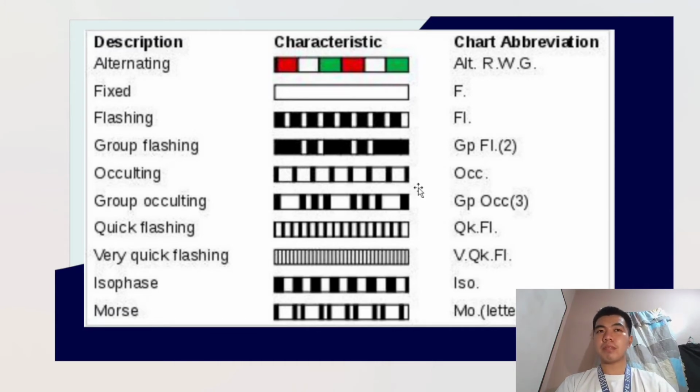F means fixed, FL means flashing, GP FL means group flashing, OCC meaning occulting, GP OCC group occulting, QK FL quick flashing, and V QK FL very quick flashing. ISO means isophase, and MO stands for Morse.